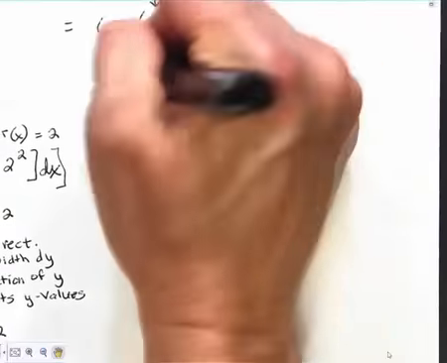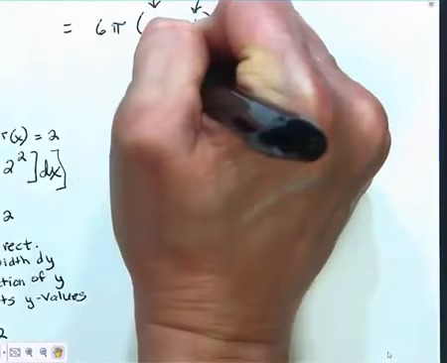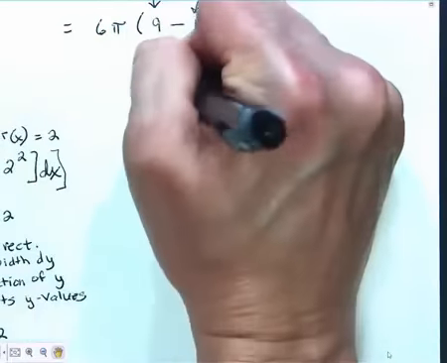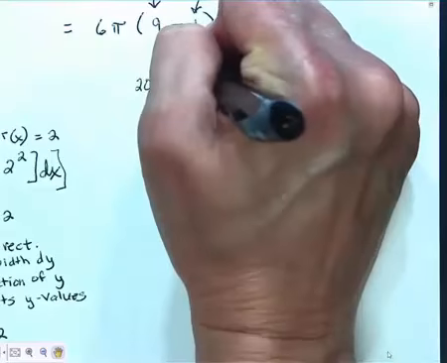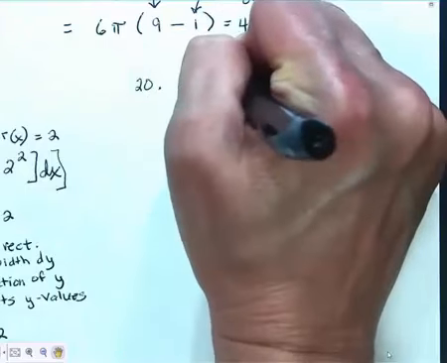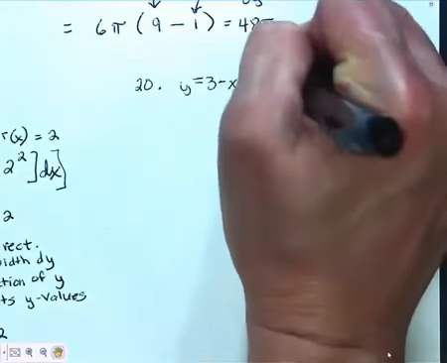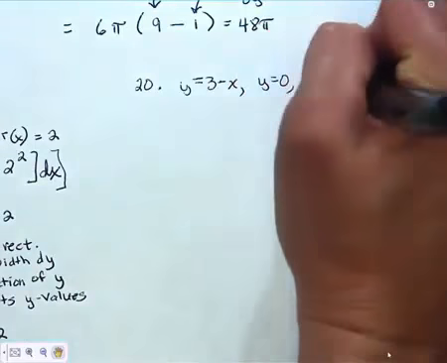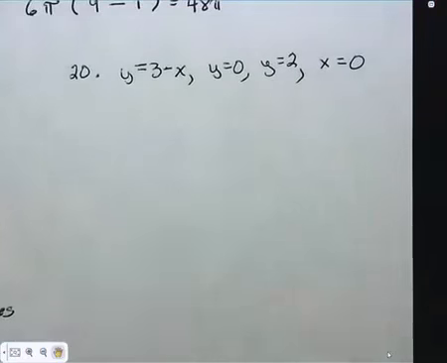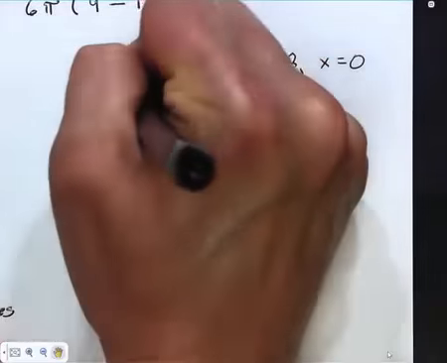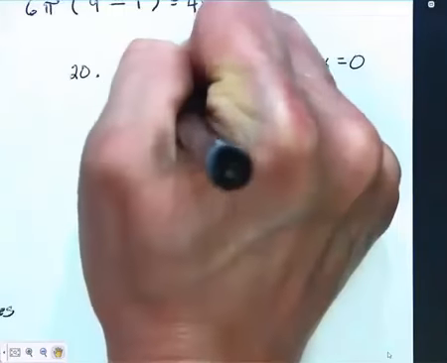Number 20. Y equals 3 minus x, y equals 0, y equals 2, and x equals 0, that region rotated around the line x equals 5.